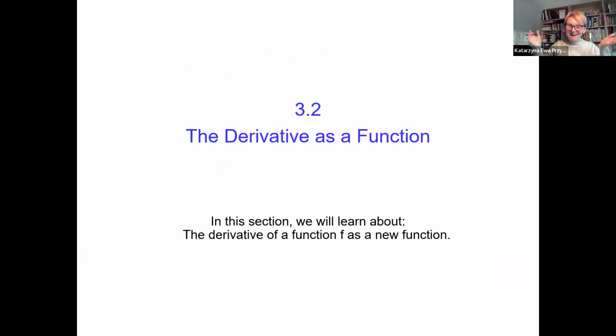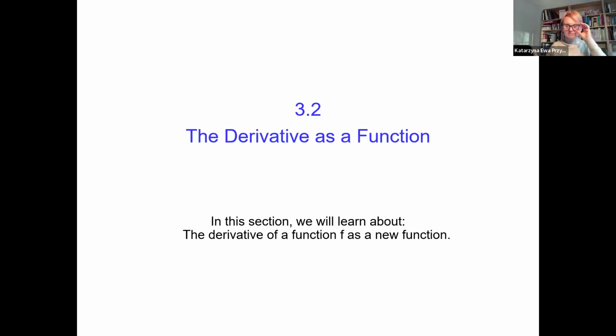Okay, now we will climb to the next level. We will try to define the derivative as a new formula, a new function. Because so far, what we learned in the previous section, what is the derivative? What we learned yesterday?